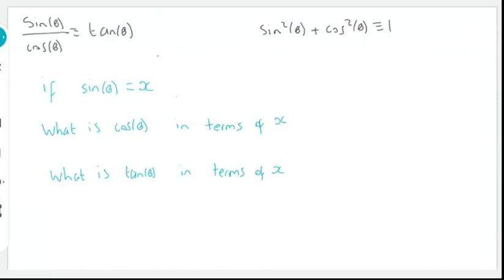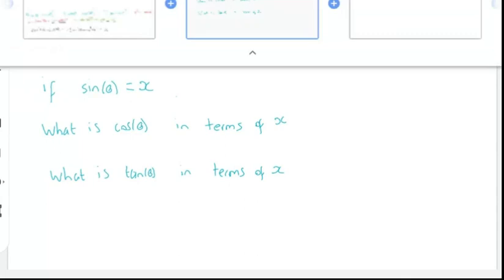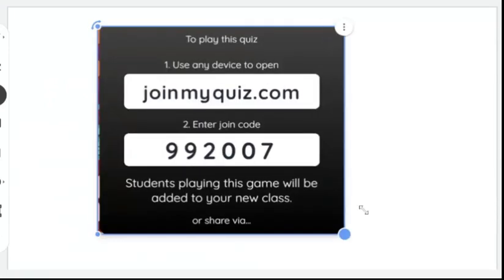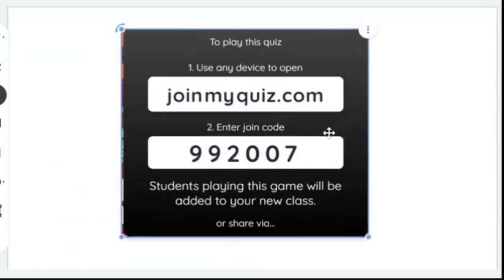But if you can't see it, no worries. What I will do is on slide number 9, I've put the joining info. It should be appearing now. And it's just a little quiz on basic trig, just to see what people know. One person's on it.